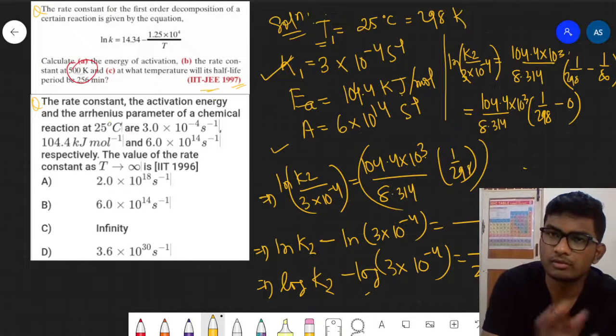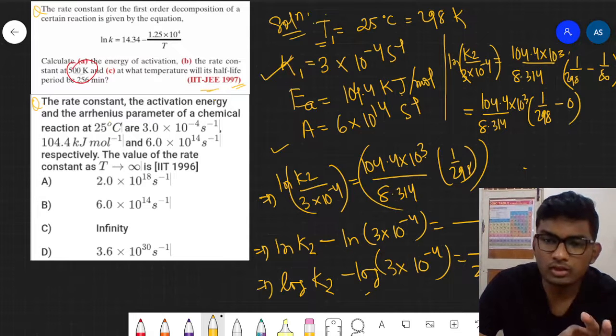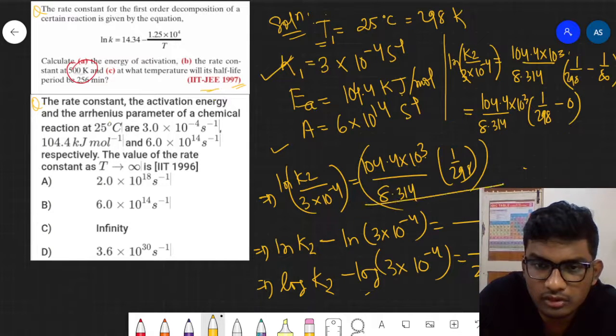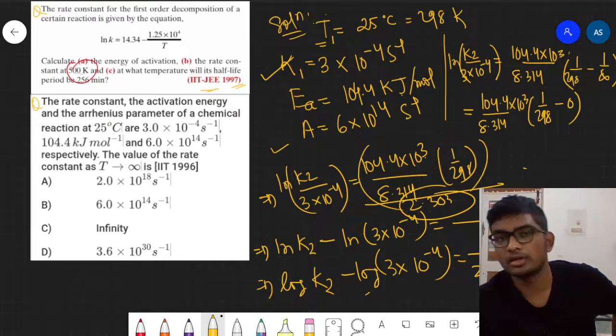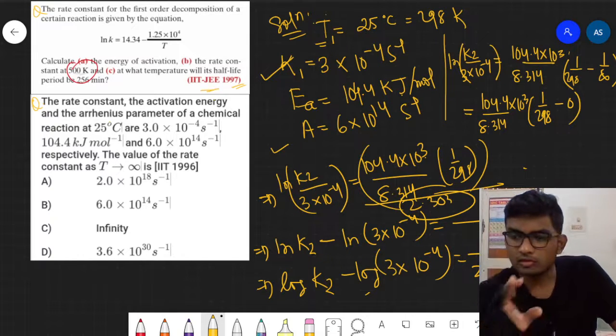I'm not going to do the calculation. You have to divide all of the values by 2.303 if you are considering log. So try to solve it.